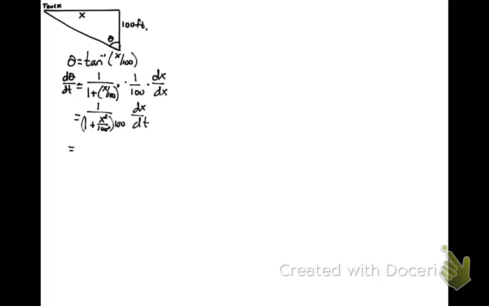Finally, cleaning it up a little bit more, we'll end up with a denominator of 1 over 100 plus x squared over 100 dx dt. Finally, we could just multiply numerator and denominator by 100 to make this 100 over 10,000 plus x squared, times dx dt.